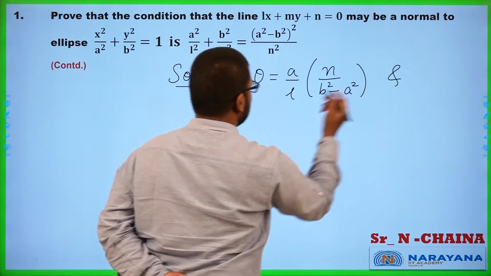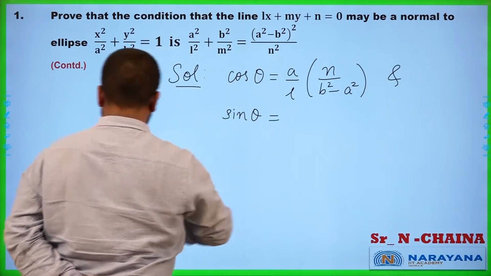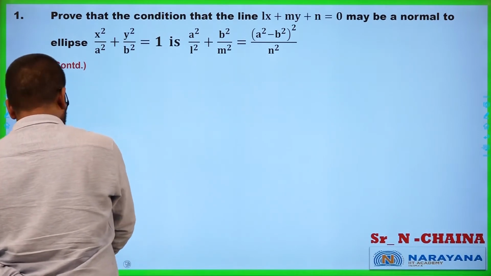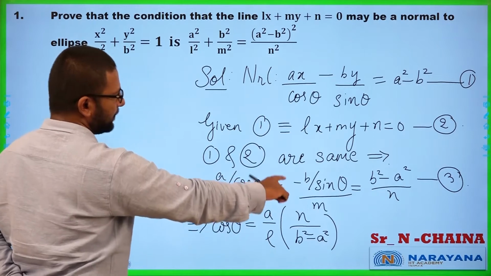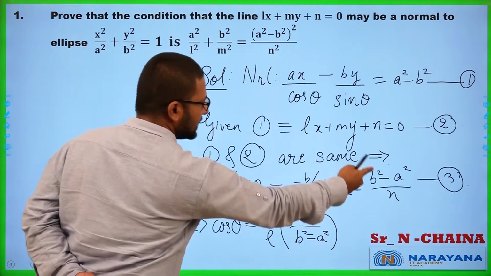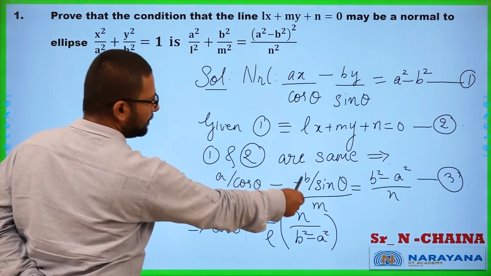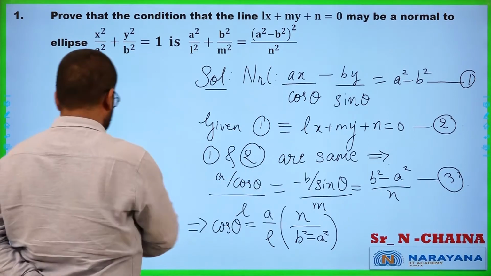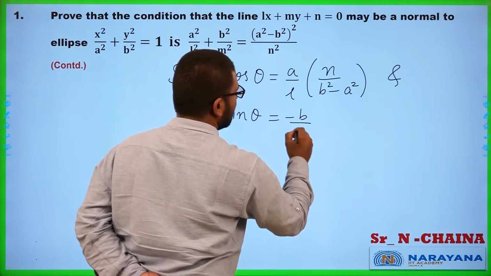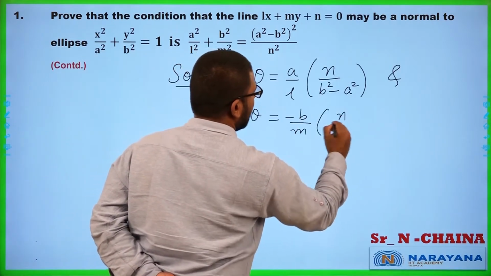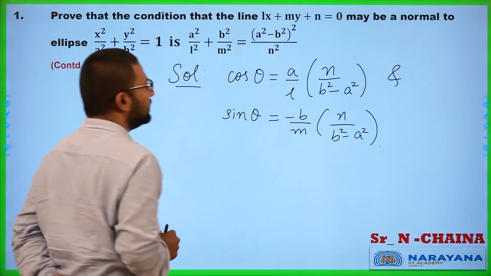And what about sin theta? The sin theta would be, you take sin theta there, bring n here, right? So minus b by m into n by b square minus a square, correct?